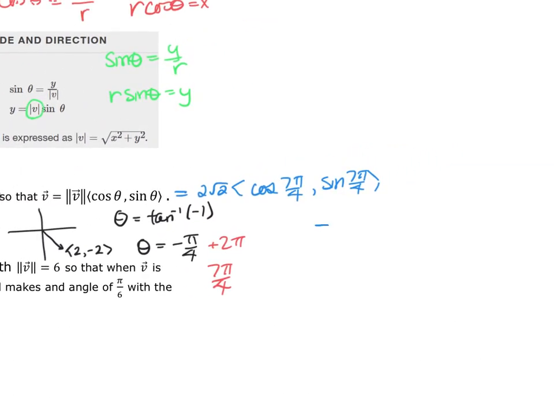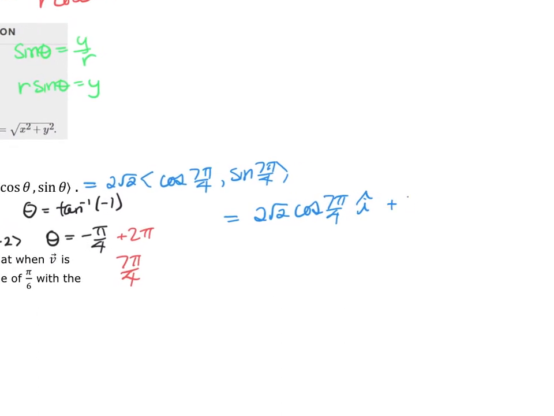I can also write this as 2 root 2, the cosine of 7 pi over 4 in the i hat direction, and then 2 root 2, the sine of 7 pi over 4 in the j hat direction. These are equivalent. This is also equivalent to 2 and negative 2.